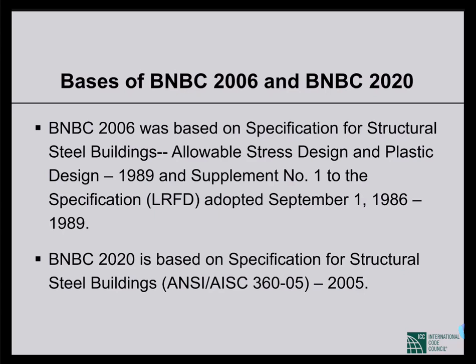Now, BNBC 2020 was written in 2009-10. So AISC 360-05 was followed, along with the AISC Manual, 13th edition, and many other publications of AISC, including publications related to hollow structural sections and publications related to seismic provisions.